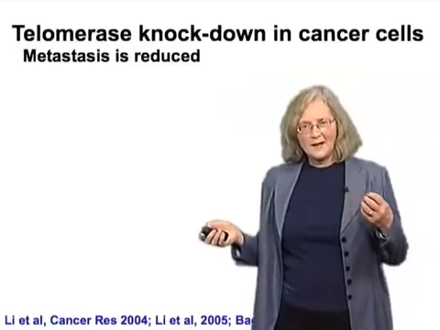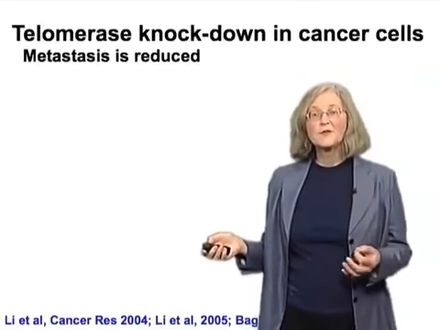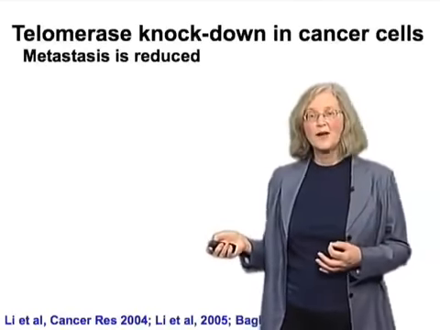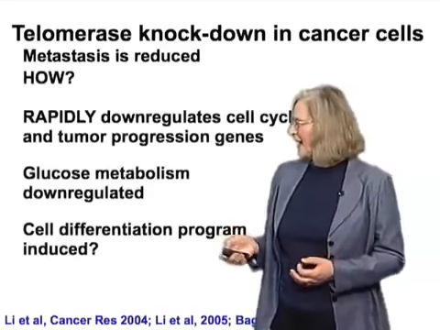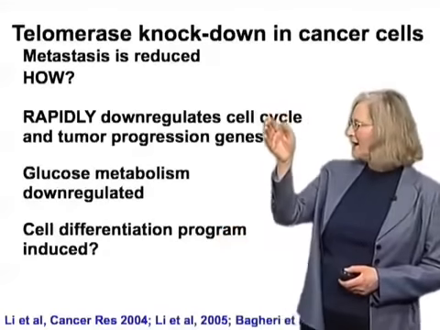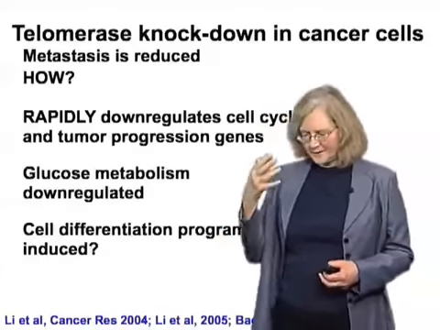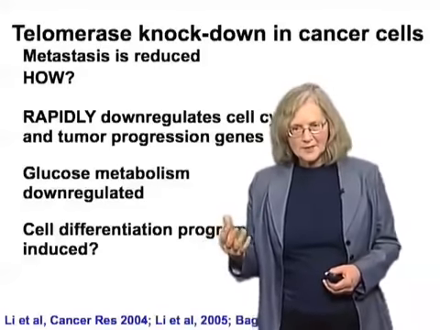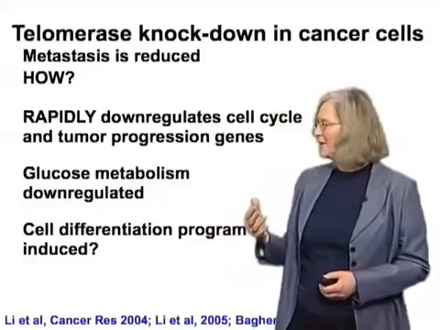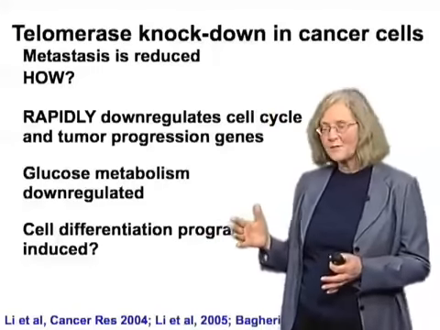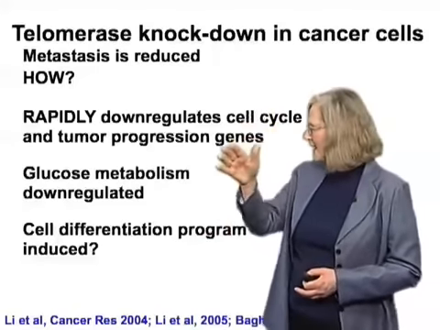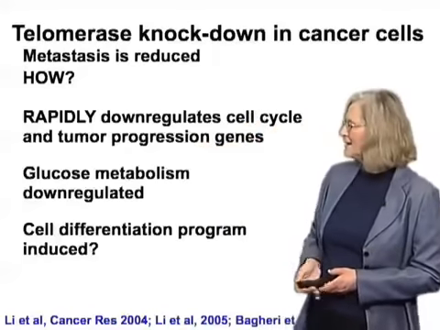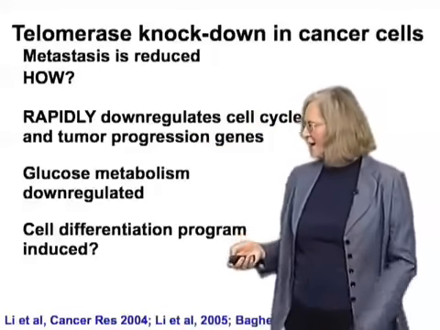I briefly mentioned we looked at the gene expression profiles in these cells. And we found that, in fact, that rapid knockdown of telomerase RNA and that rapid slowing of the cell growth is accompanied by, and presumably caused by, cell cycle and tumor progression genes being downregulated.